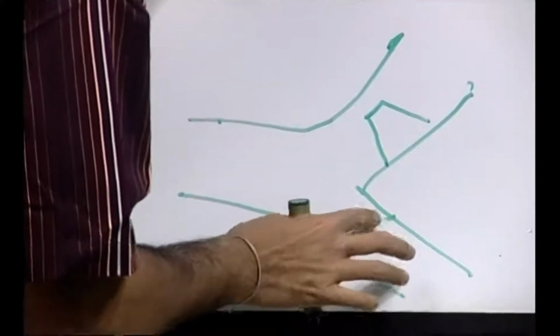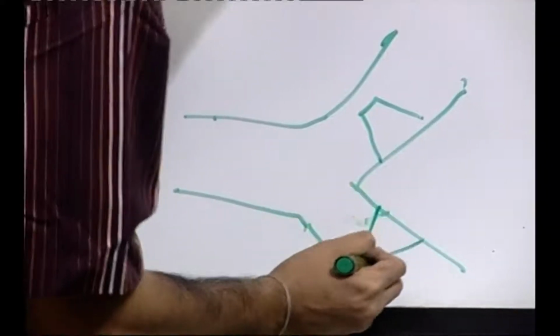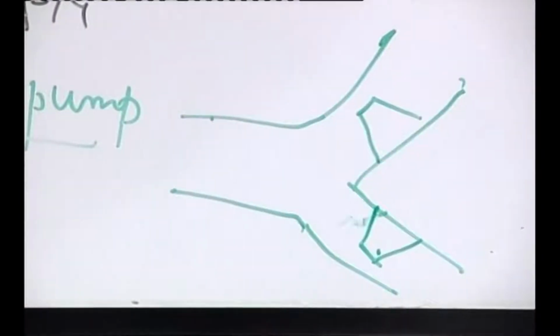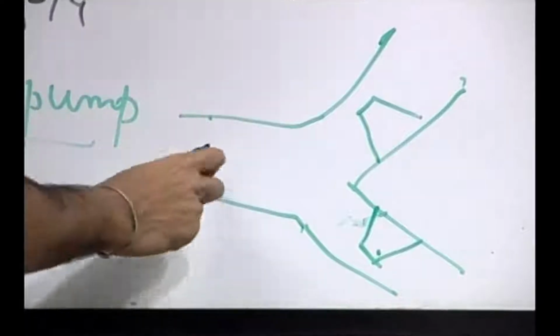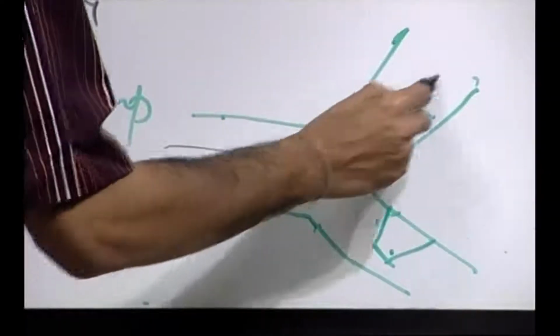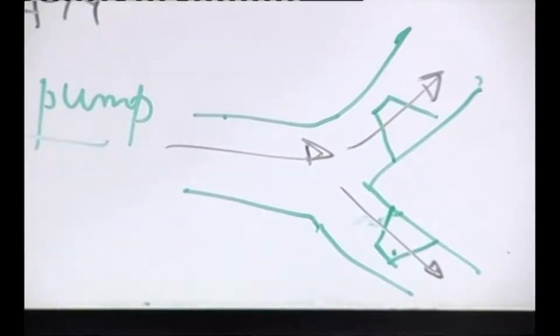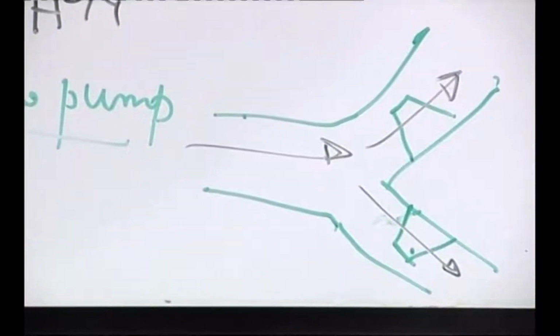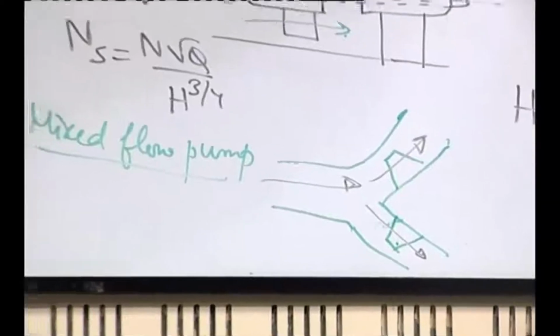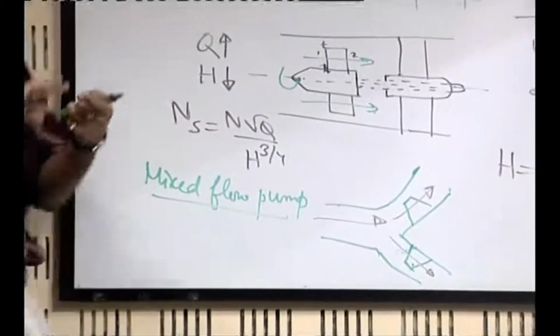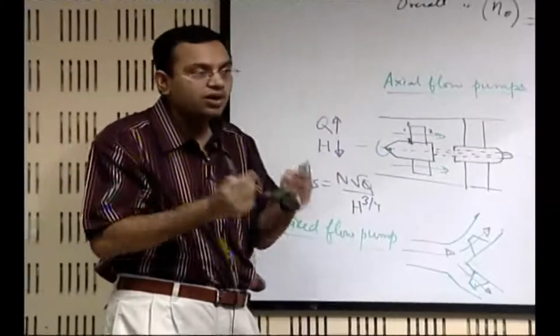I am drawing it very schematically, do not think that a mixed flow pump will actually be like this, but the whole idea is that if you consider the change in direction of the flow, it is neither radial nor axial.